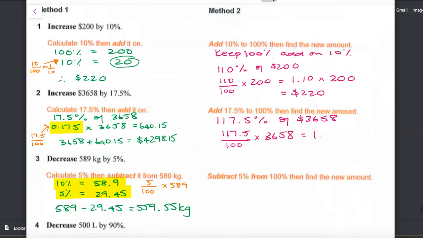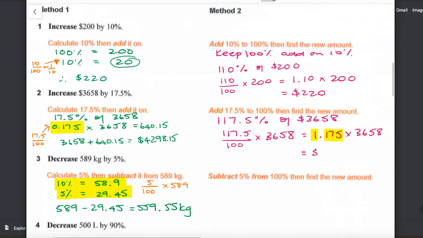This is also 1.175, lots of 3,658. The 1 stands for the whole amount, and the 0.175 is my decimal equivalent to 17.5%. And using my calculator, I get $4,298.15.